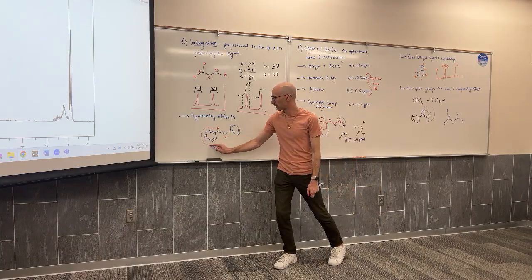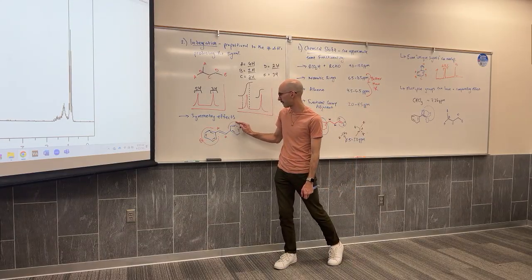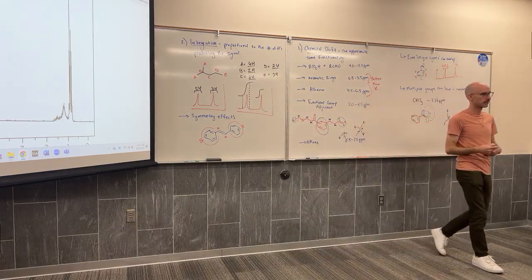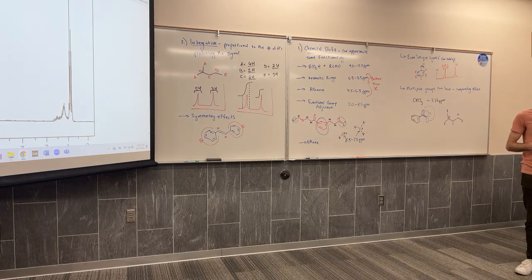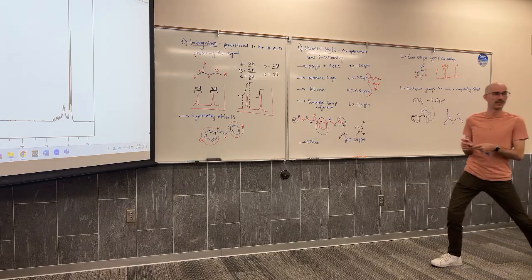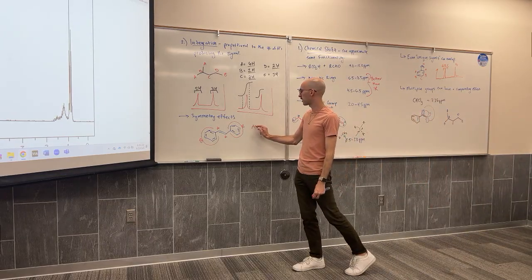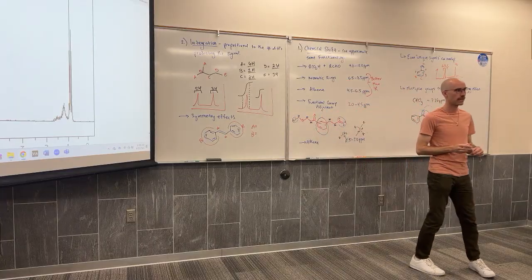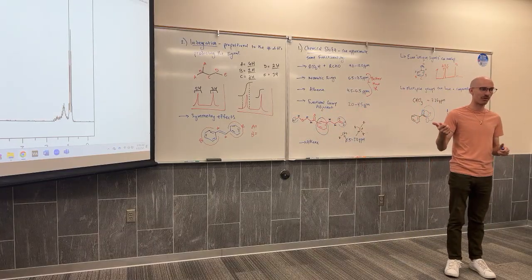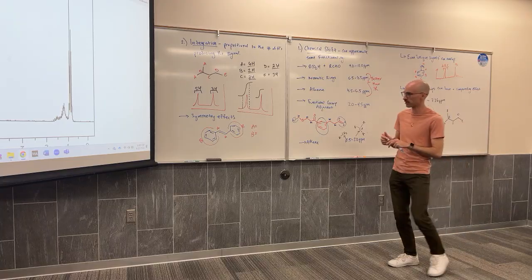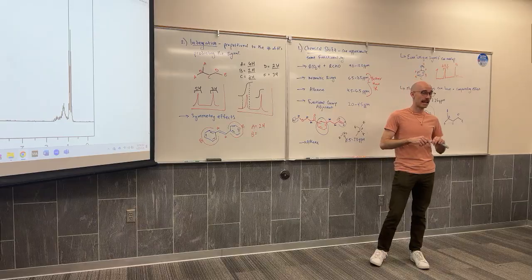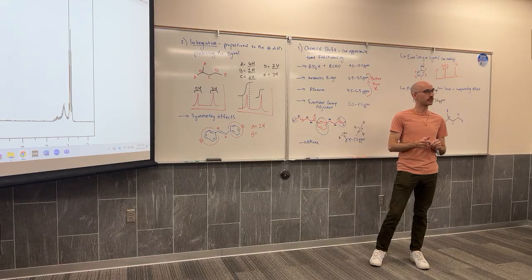So I'm just going to call the rest of these B, and because they're symmetric to each other, all of the hydrogens on both aromatic rings should produce the same signal. So what would you expect the integration of A to be and the integration of B? A, 2H, and B, 10H, 5H on each ring.